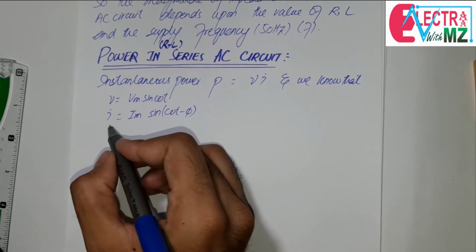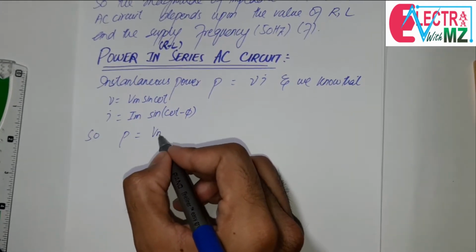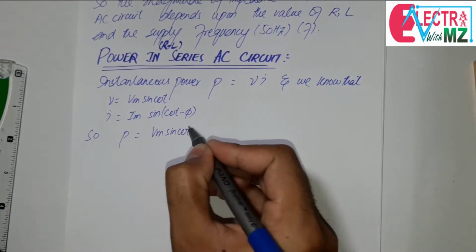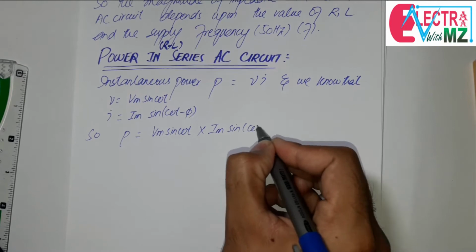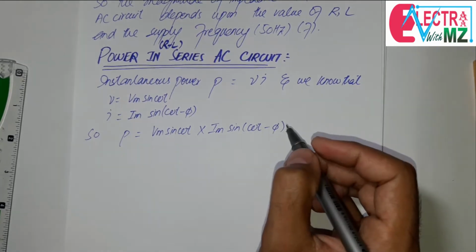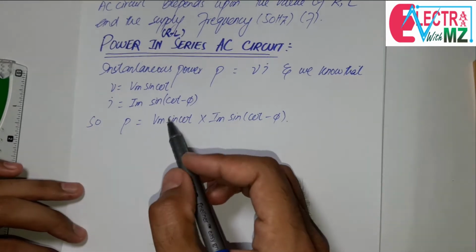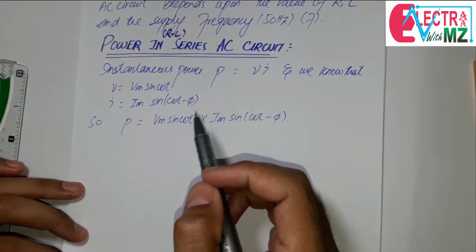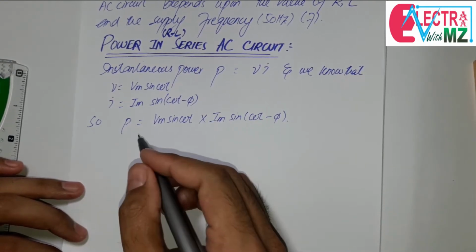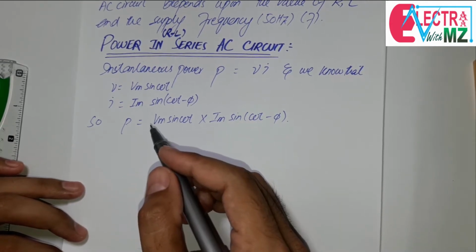Okay, so P is equal to Vm sin omega t multiplied by Im sin (omega t minus phi). I already explained this formula in the inductive AC circuit video, so if someone has any confusion regarding this formula, they may take help from that video.